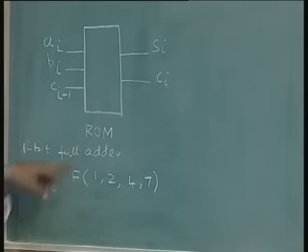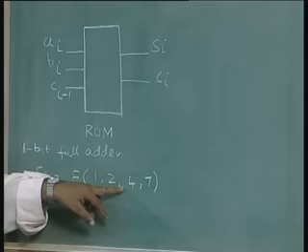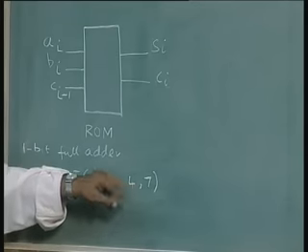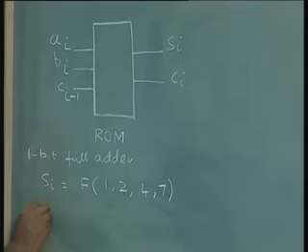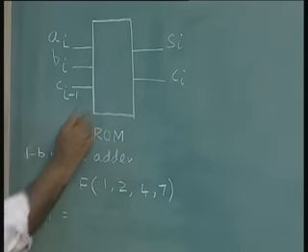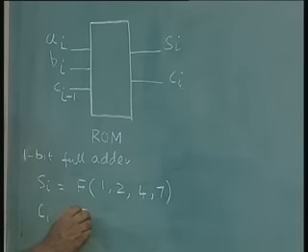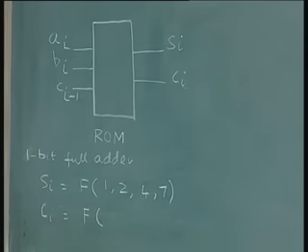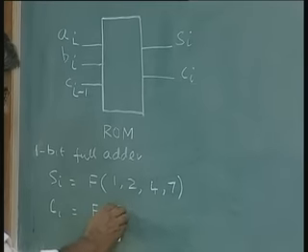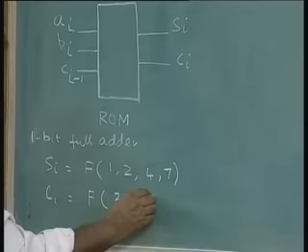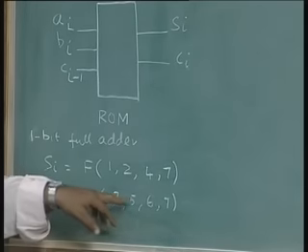For the other minterms 0, 3, 5 and 6, sum is 0. Similarly, with the carry output, we will call this f. This function f is 1 for input combinations 3, 5, 6 and 7, namely minterms 3, 5, 6, 7.